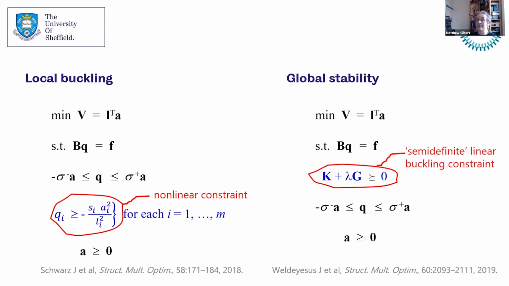Now that isn't necessarily ideal, because if you have a design that's dominated by buckling, then your original layout that you identify, which doesn't take that into account, could be some distance away from the optimal. But in many cases, buckling isn't a major issue.